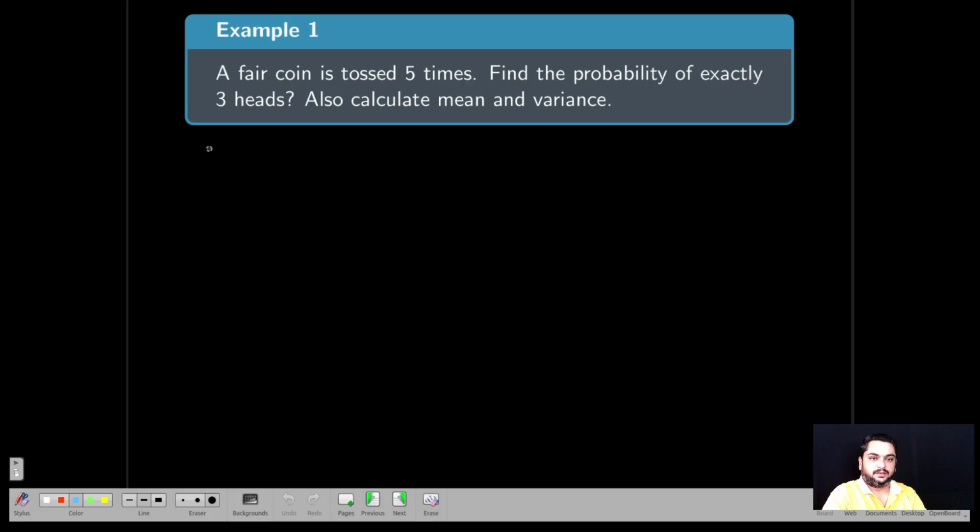So what it says: a fair coin is tossed 5 times, and we want the probability of exactly 3 heads. How will you say that it follows Bernoulli trials? It is tossed 5 times, the first thing. So n is equal to 5. Calculation is easy and applying the formula is easy; the only thing is that in the question, you have to identify which distribution to apply.